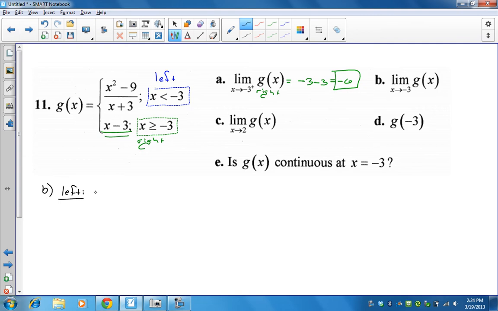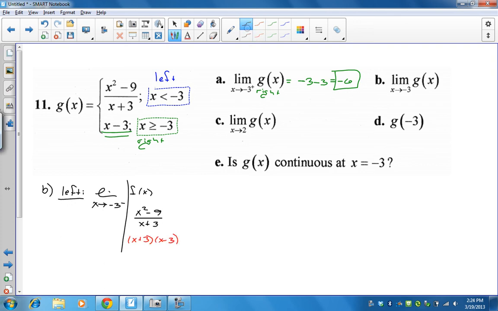So the left side of negative 3, the limit as x approaches negative 3 from the left of my function, I will use the equation x squared minus 9 over x plus 3. And let's see. So x squared minus 9, that will factor. I'll factor the top into x plus 3 times x minus 3.